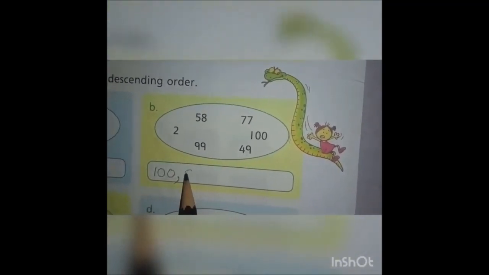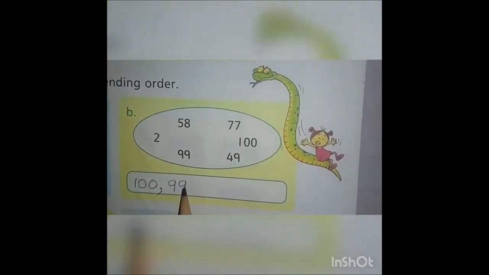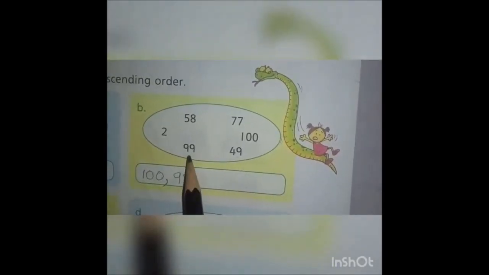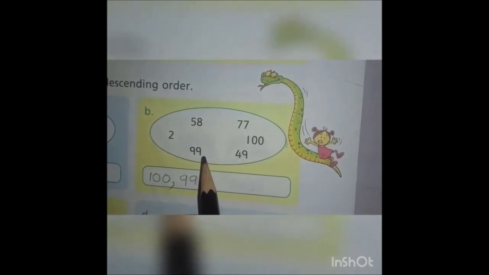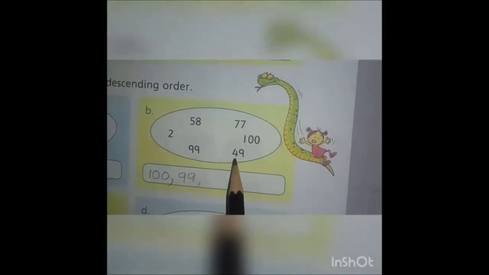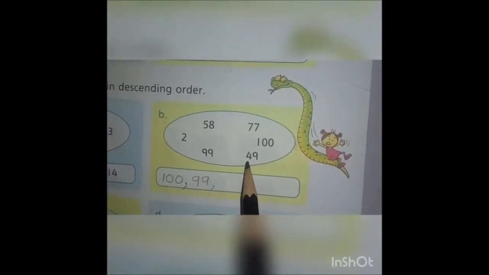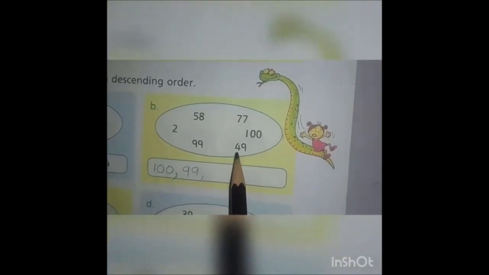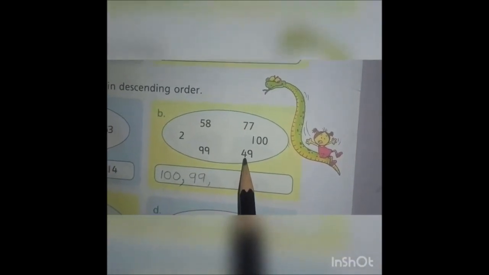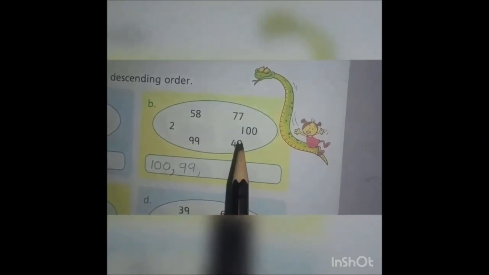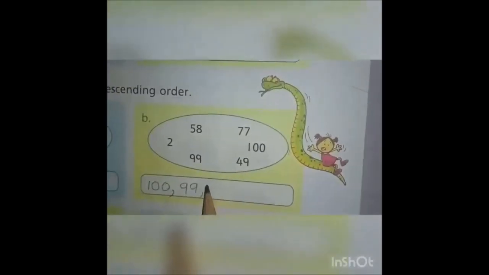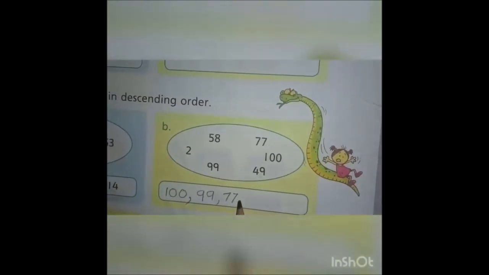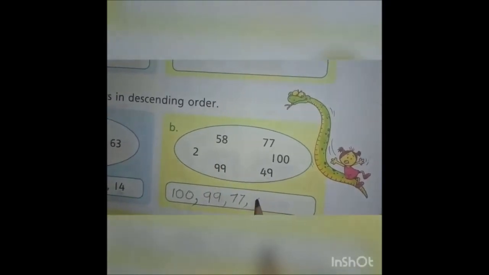Yes, 99. Next, tell me which number comes? 49. No, 49 is not the bigger number. It is the smaller number. So we write 77. After 77, we write 58.